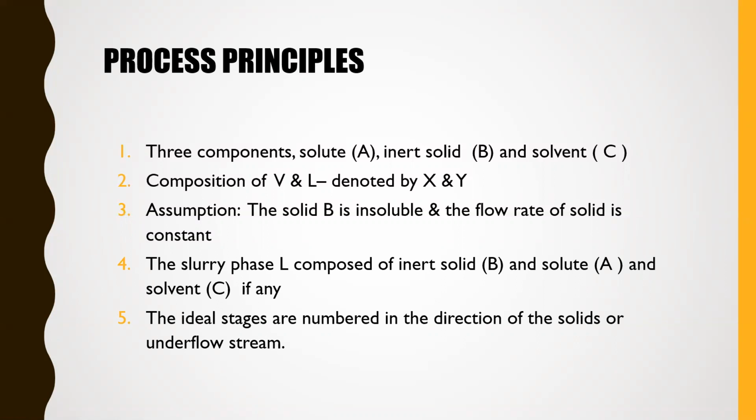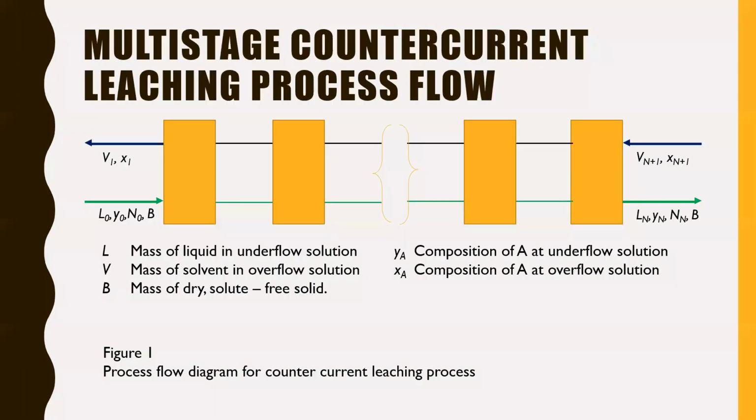That means the lower-numbered ideal stages have a lot more composition of solute A as compared to the stages with higher numbers. Figure 1 here shows the process flow diagram for the countercurrent leaching process.